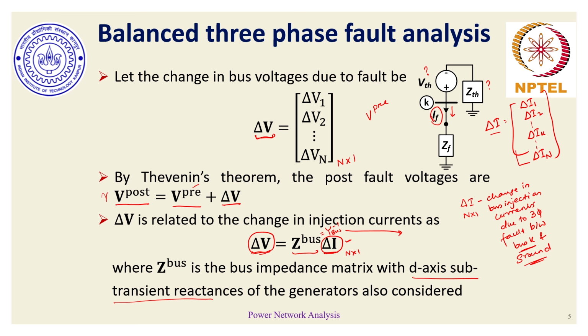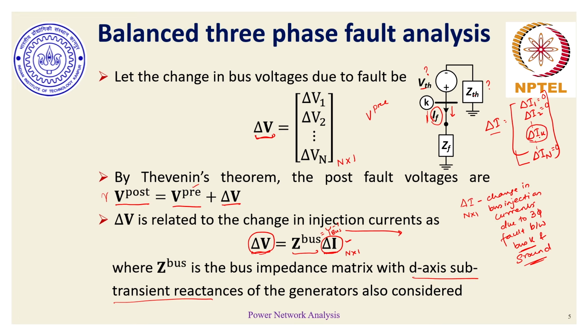At least directly speaking, bus 1 current has not encountered any change at all. It is only bus K which is experiencing this change in fault current, which is IF, which again depends on VTH and ZTH. So why should bus 1 current change? That's the reason why all currents would be exactly equal to 0 except delta Ik.